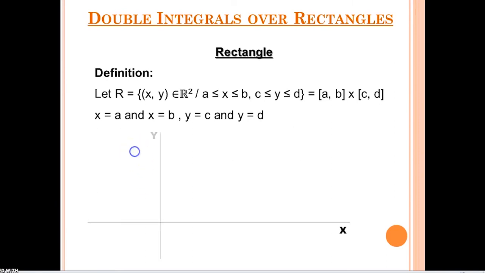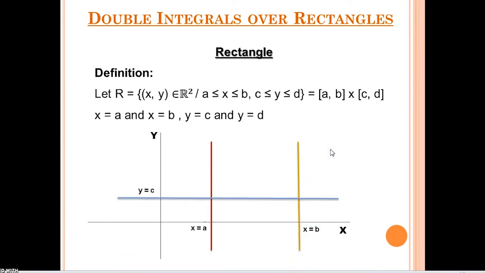This is the x-axis and this is the y-axis. Here we draw x = a and x = b, that is the bound of x, and y = c and y = d, that is the bound of y.